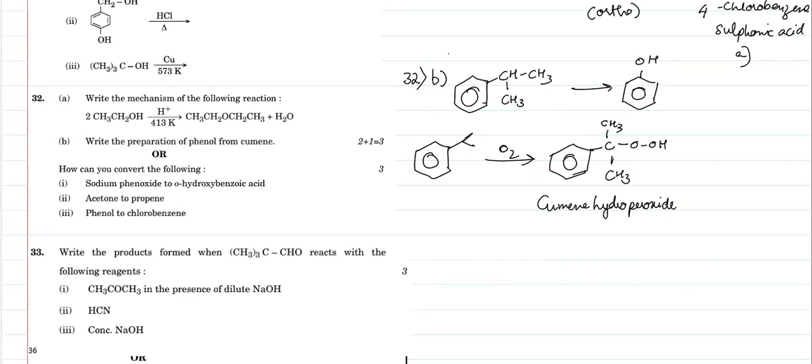Now, this is undergoing a reaction in the presence of an acid. So H plus H2O, it is giving us phenol, which is the product that we wanted, and CH3COCH3. So these are the two products, and this is a basic reaction that you've learned, and this was just directly asked from your textbooks.